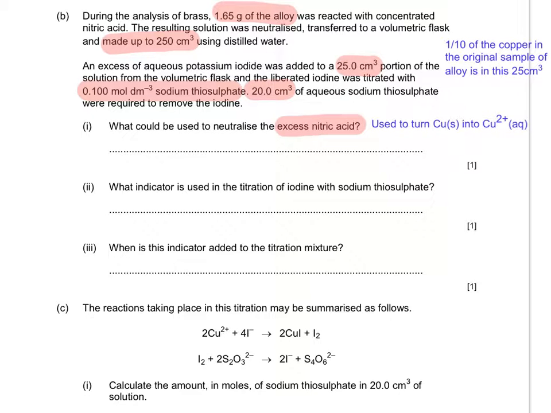Now the problem is you used excess, so there'll be some nitric acid left that might interfere with our titration. So we have to neutralise it somehow. It's basically testing your common sense here. You use an easily available base or alkali of some kind. Sodium carbonate or sodium hydroxide will do.